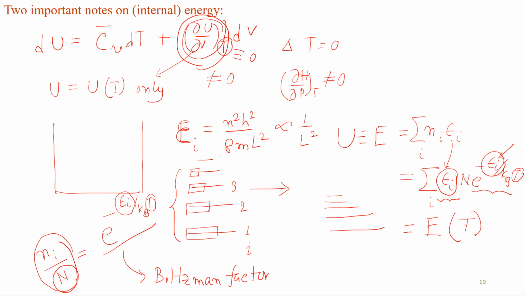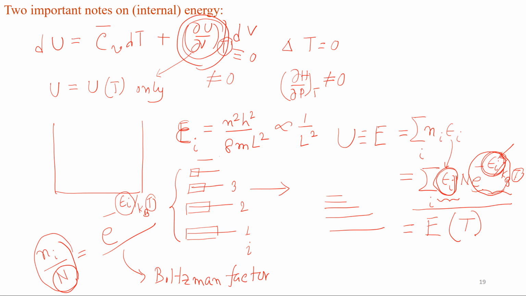So changing the volume, for example increasing, will actually decrease this value, which means e to the power minus E by k_B T will increase. However, E_i will also decrease, and then if we take the sum, we can show that the sum will still be a constant, which is independent of the change in volume.